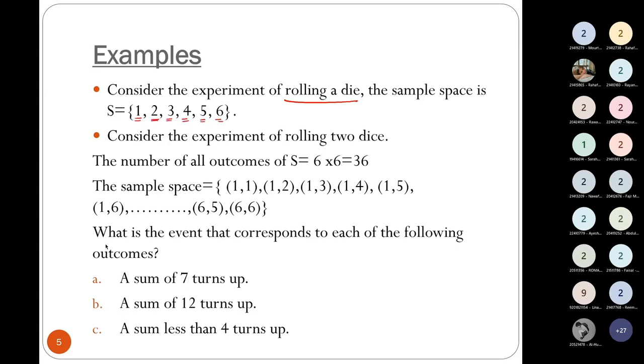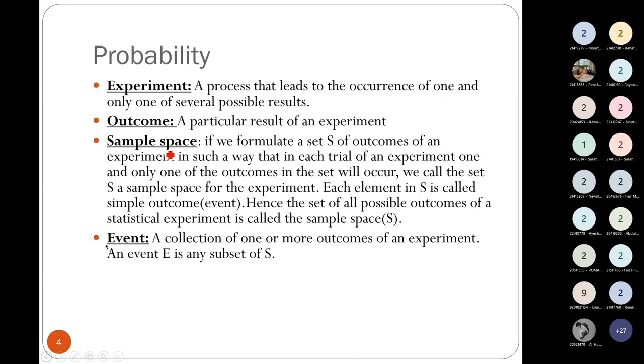When rolling the die, maybe 1 or 2 or 3 or 4 or 5 or 6 appears on the top. All the outcomes are called the sample space. The sample space is the set containing all the outcomes.